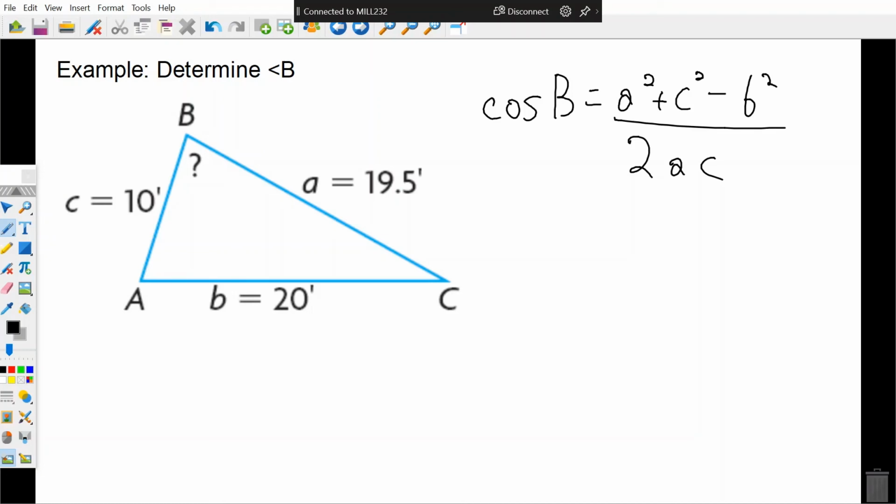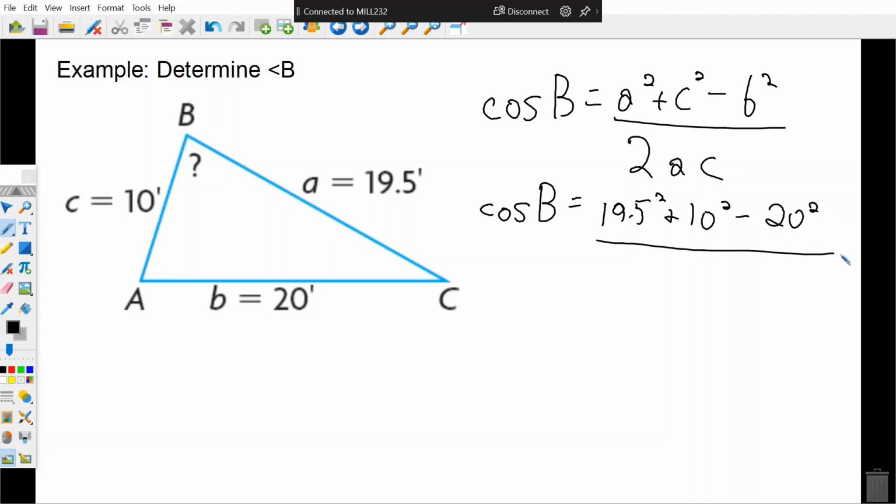All right, I'm going to start working out the answer. Cos B equals A squared, which is 19.5 squared plus C, which is 10 squared minus B squared, which is 20 squared, divided by 2 times 19.5 times 10. 19.5 squared is 380.25.